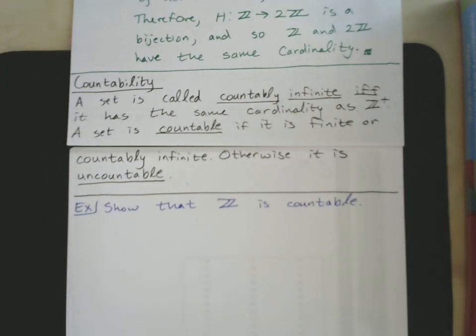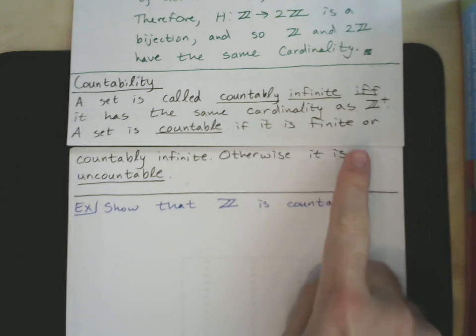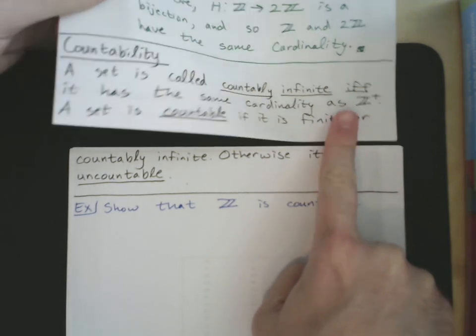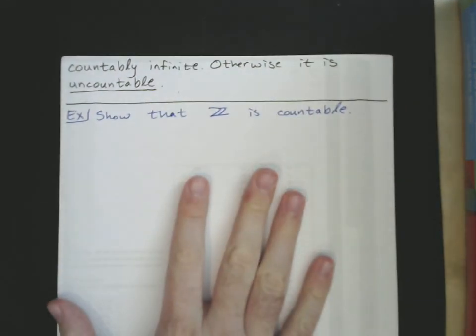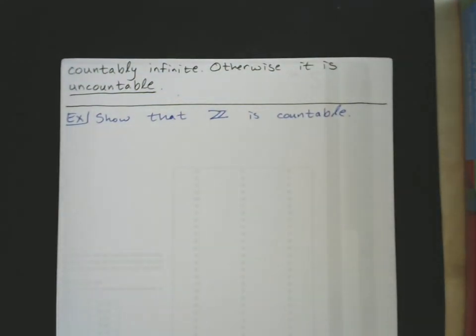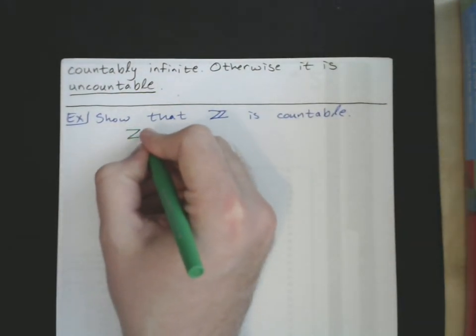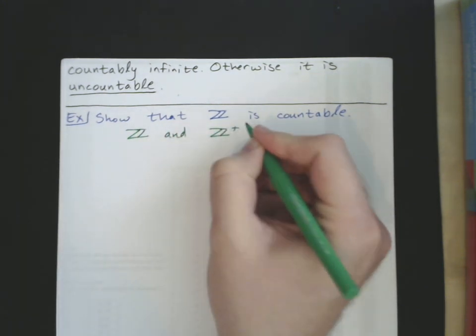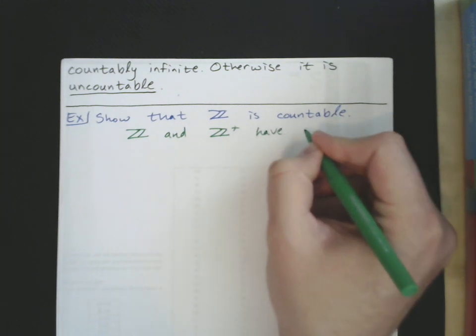This is something that a lot of people take for granted, but it is important. You have to have a bijection to Z positive. So we have to show that Z and Z plus have the same cardinality.